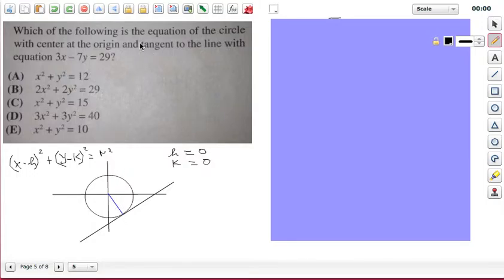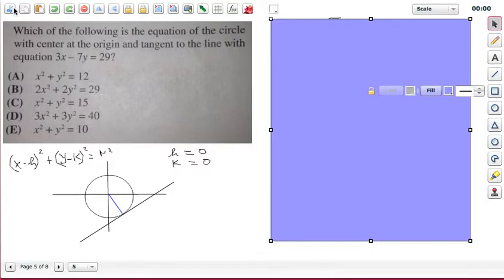Because you're given the center as the origin, you already know that the value of h and k is 0, reminding you that the equation for a circle is x minus h squared plus y minus k squared is equal to r squared. So it looks like we need to pull out our distance formula.